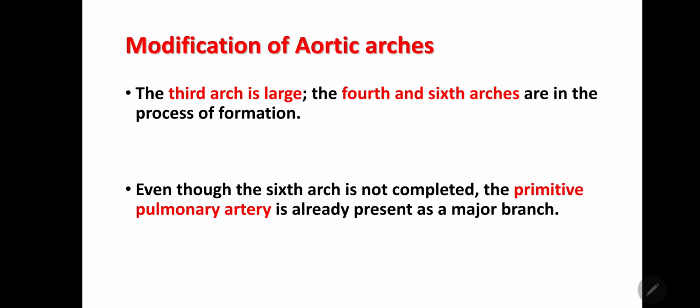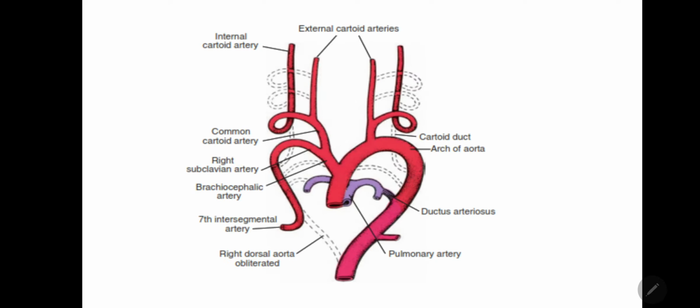So the third arch is large, and the fourth and sixth arches are in the process of formation. What happens here? From the sixth arch we will see a primitive pulmonary artery, which will soon enter the lung buds developed by the laryngotracheal bud, which is developing from the primitive pharynx. You can notice here, this is the third arch artery which is developing here.